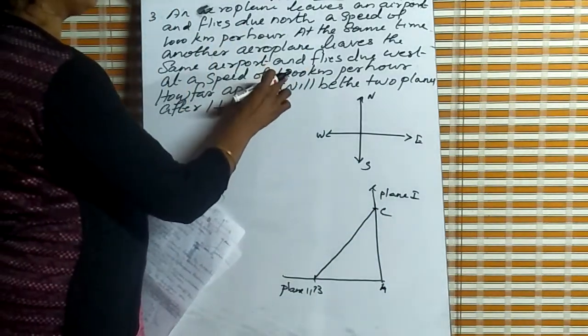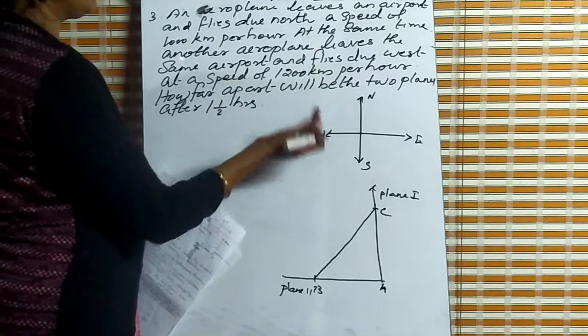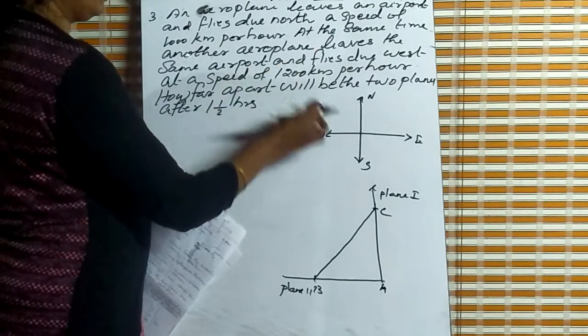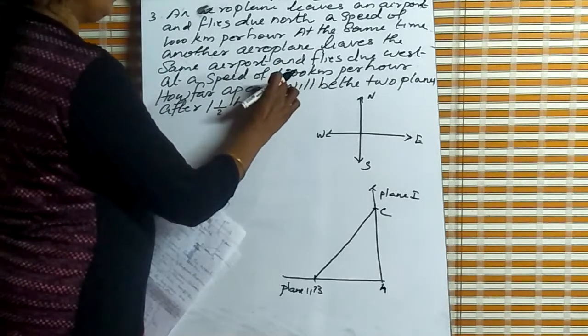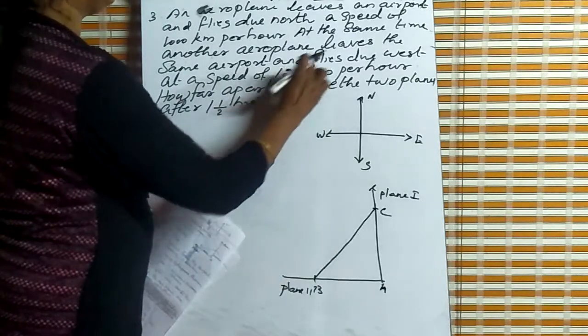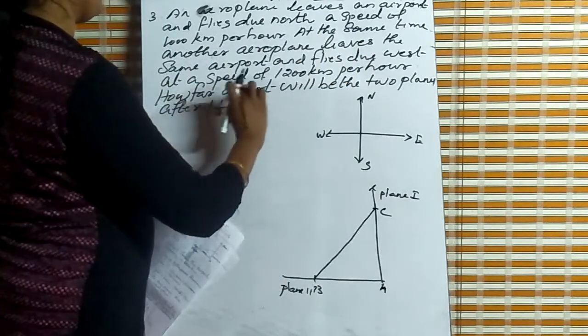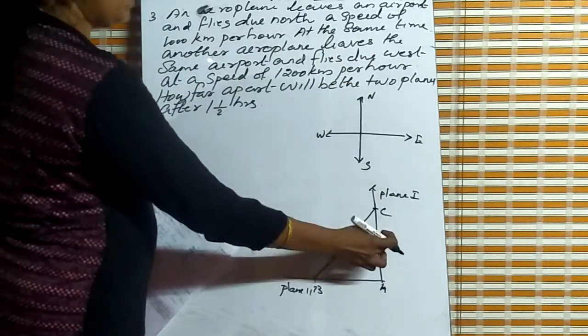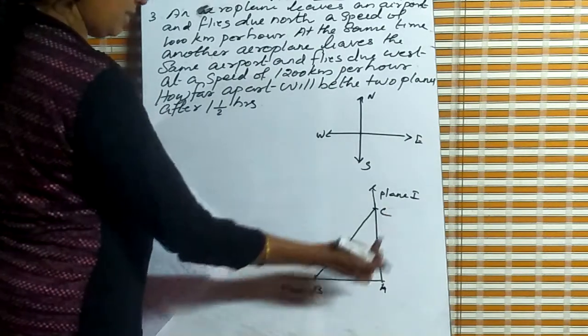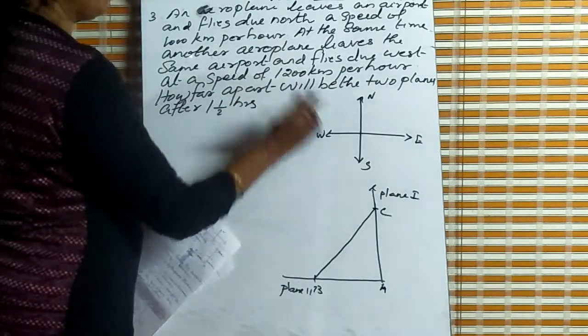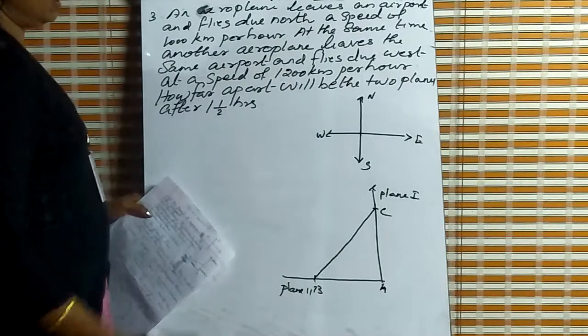This distance AC is 1000 into 1.5 and distance AB is 1200 into 1.5.